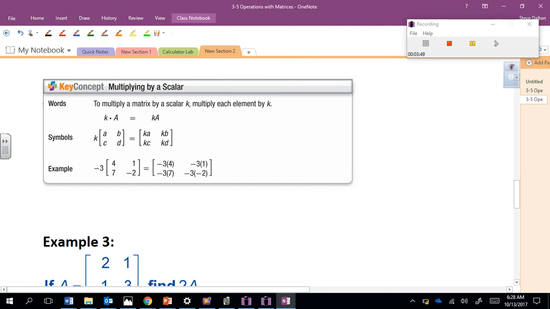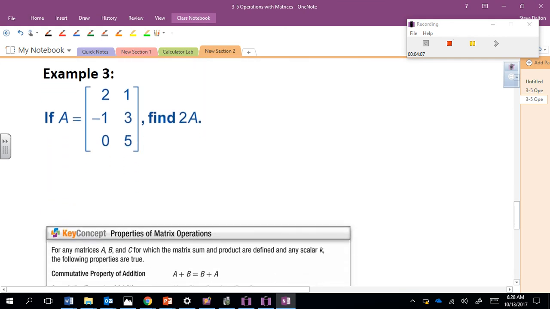Okay. Now, what we also can do is multiply by what's called a scalar. So I can take a normal number outside the matrix, and I can multiply that to each of the elements inside the matrix. So let's look at one of those.